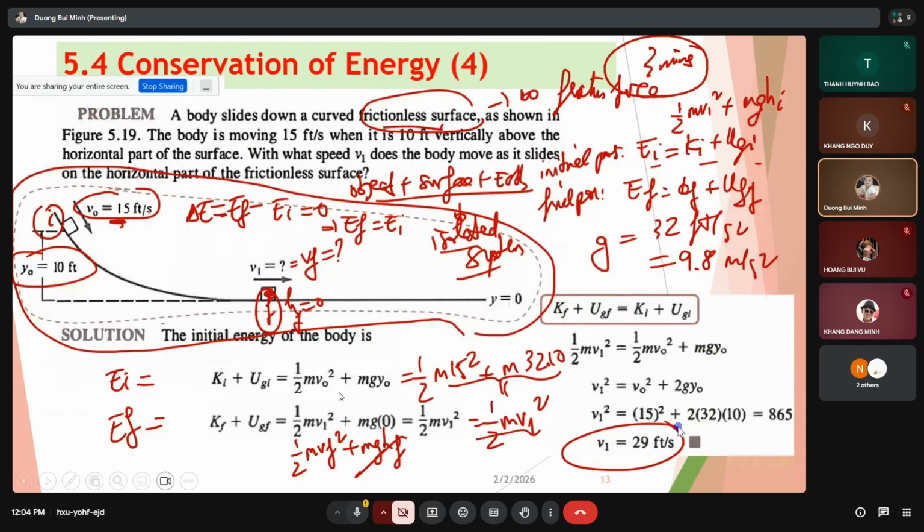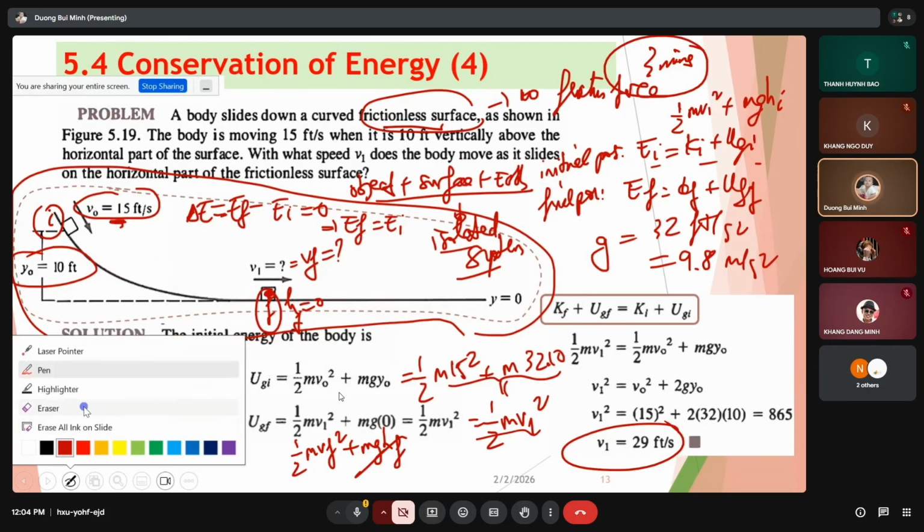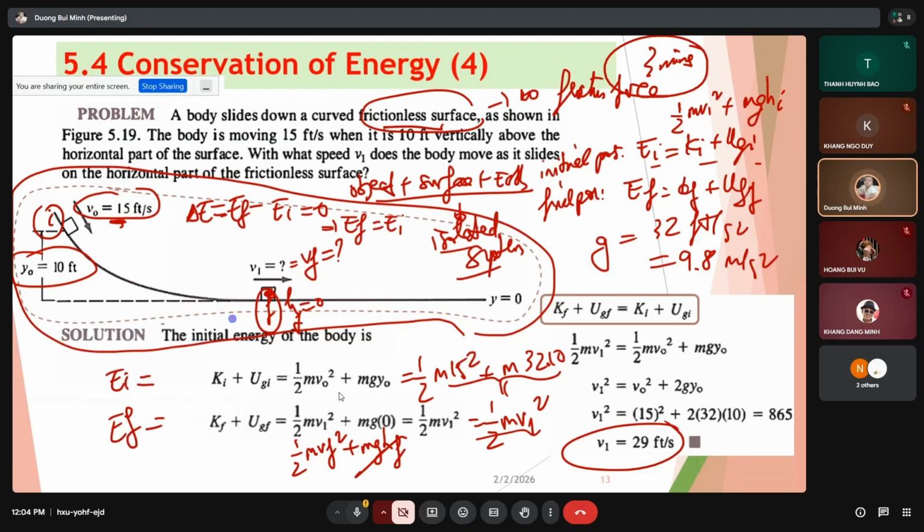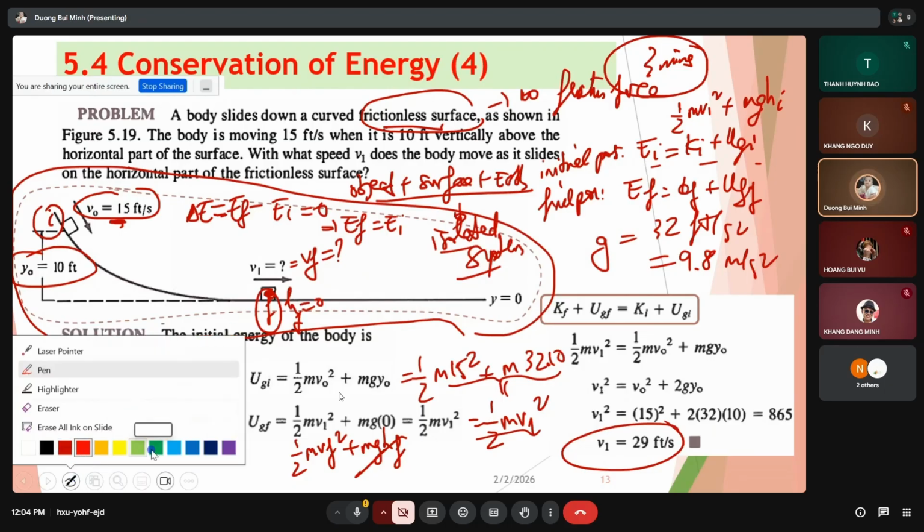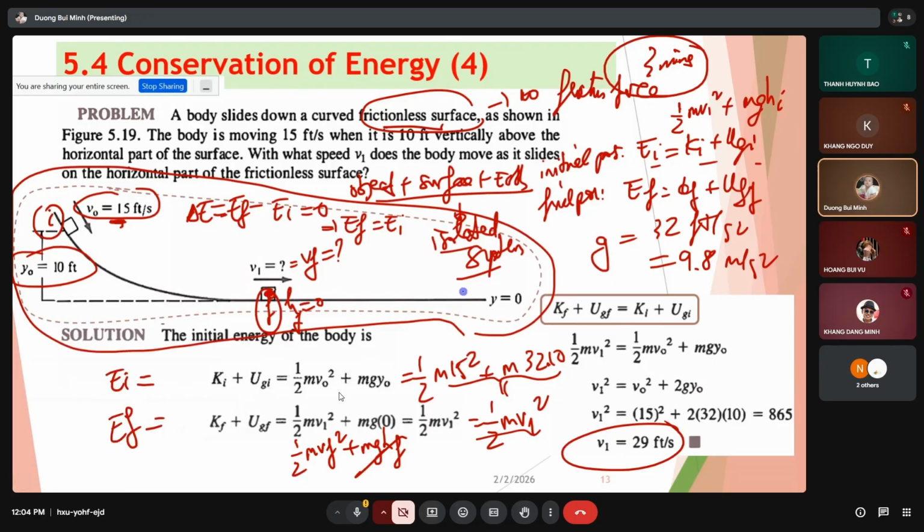Now think more. If I ask you to calculate here, VF is 0. If the object continues to slide on the surface, after some time with displacement delta x, the object stops, which means VF is 0. What is delta x?